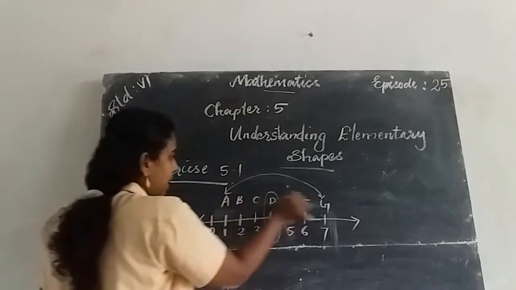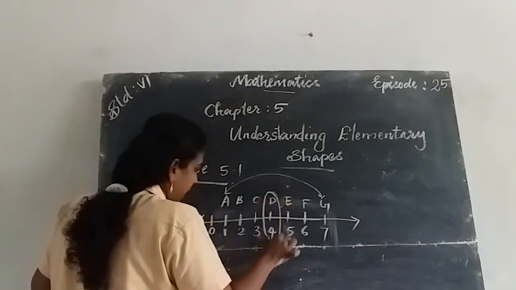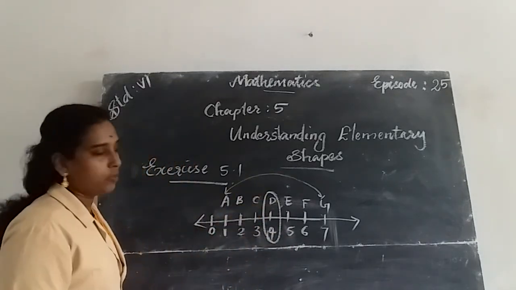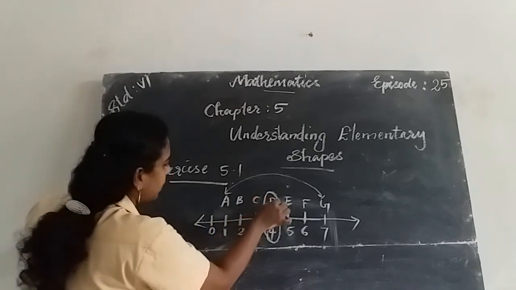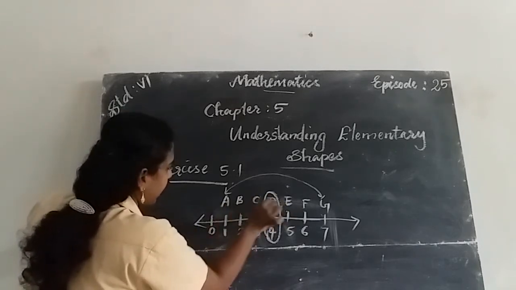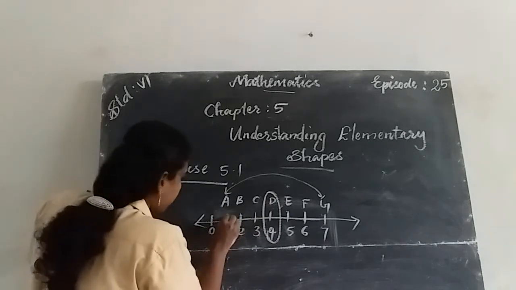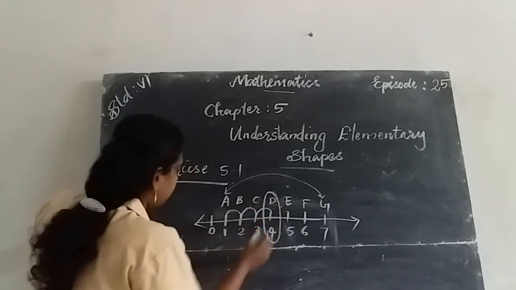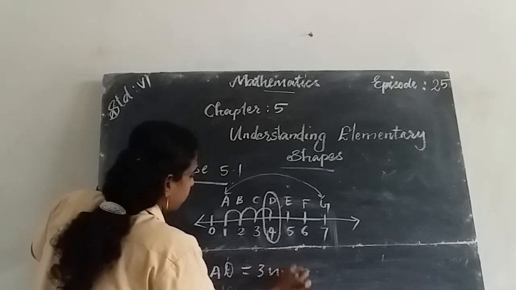So this is the line segment AG, and this point lies between A and G. We want to show that D is the midpoint of the line segment AG. From A to D, how many units? 1, 2 and 3, so AD is equal to 3 units.